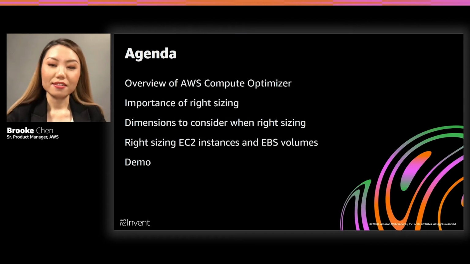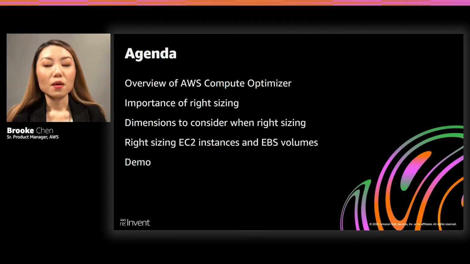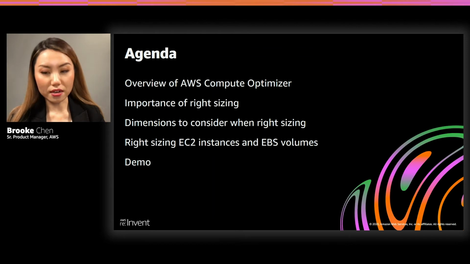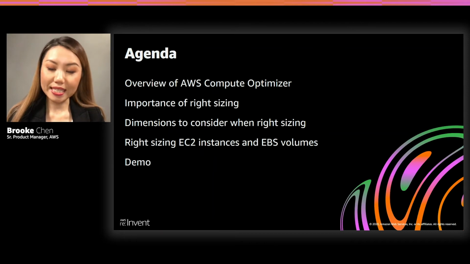In this session, I'll answer 3 questions about Compute Optimizer: what it does, how it works, and why you might want to use it. We'll talk about the concept of right sizing, why it is important, what dimensions you want to consider, also what makes it difficult. I'll explain how Compute Optimizer can make it easy for you through machine learning.